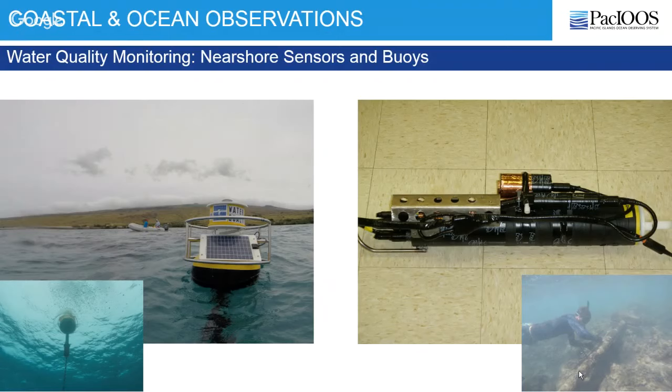So I will say vandalism hasn't been a big issue. Fingers crossed. I will say though that the wave buoys in particular also serve as FADs, fish aggregation devices. So if you are in the open ocean and you have something in the water, fish tend to go there, and fishermen know that.